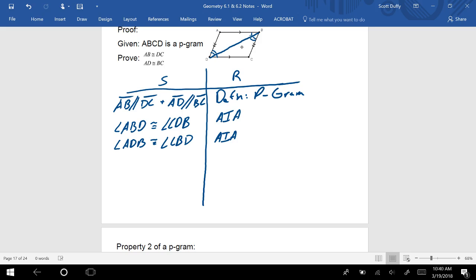I can then say that BD is congruent to itself by way of the reflexive property. And that is enough to state that those two triangles, triangle ABD and triangle CDB, are congruent by way of angle side angle.